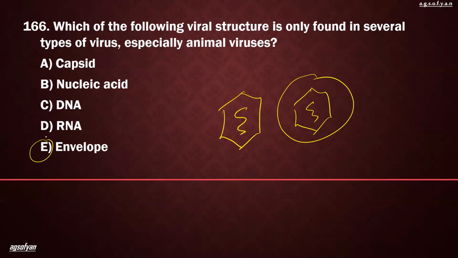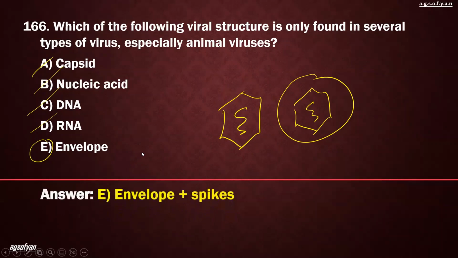All viruses have capsid, nucleic acid, DNA or RNA. Only several viruses have an envelope, so that should be the correct answer. And if the virus has an envelope, they usually have spikes on it.